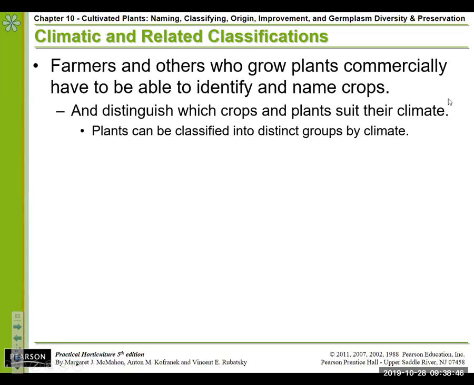And basically, we still do it in different ways. Generally, producers of crops look at plants one way, instead of the way a botanist would, but we have to have some sort of system of classifying and identifying crops so that we can distinguish what plants we're able to grow in our climate.